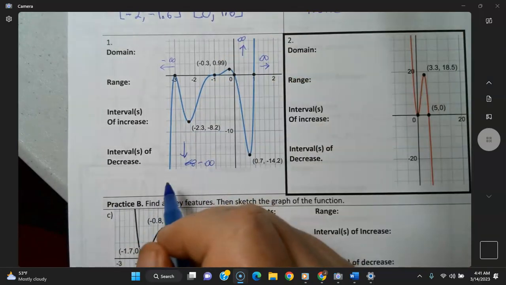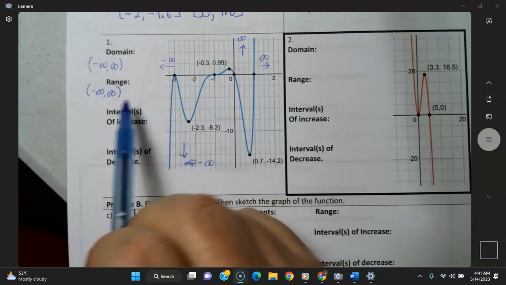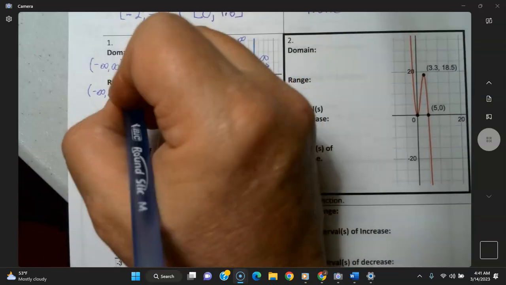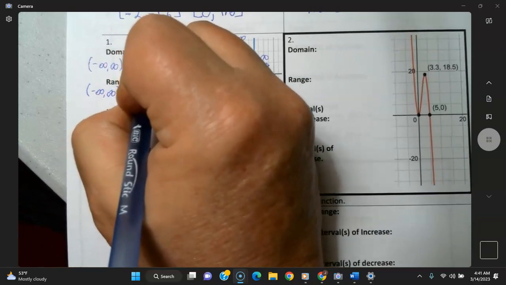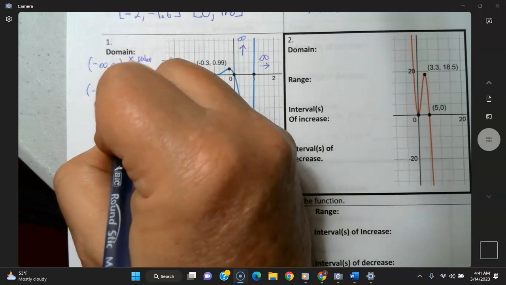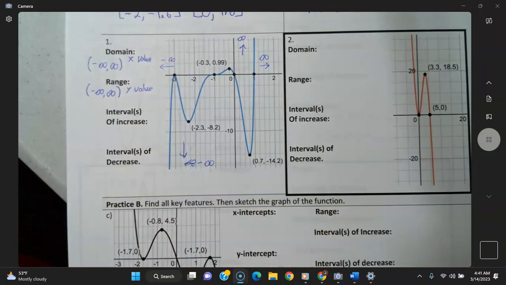Okay, so let's write those down. There you go. Again, these are x values, and these are y values, both of them. It's not an x and a y.